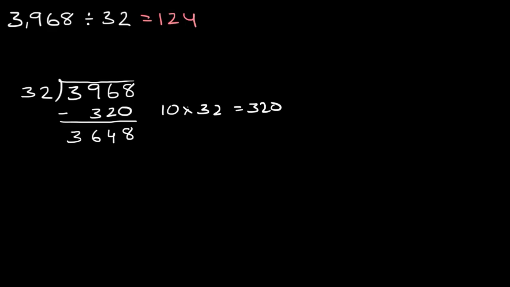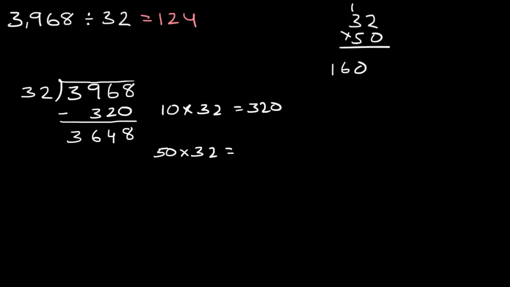And now I could say, well, let me try to go a little bit more. Maybe I could go 50 times. And I'm just making up things here. So if I said 50 times 32, what is that going to be equal to? Well, 32 times 5: 2 times 5 is 10, 5 times 3 is 15 plus 1 is 16.